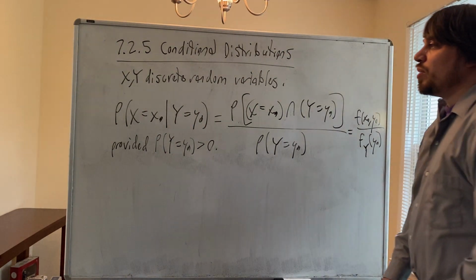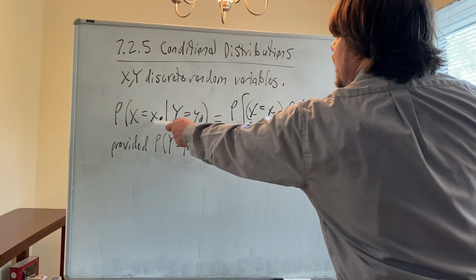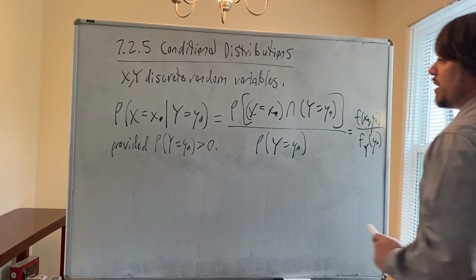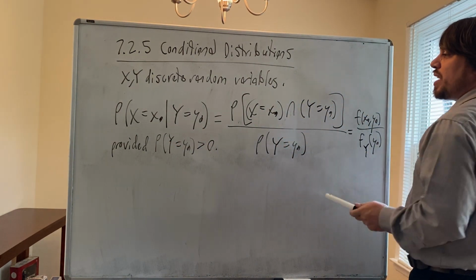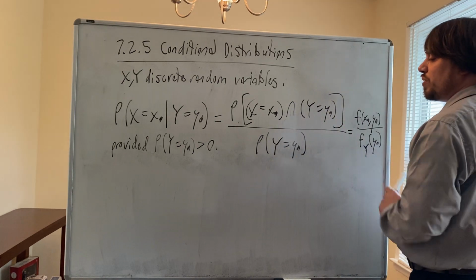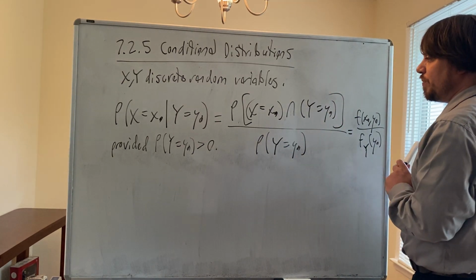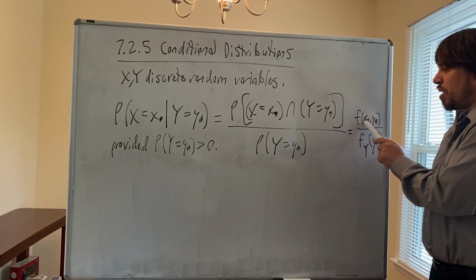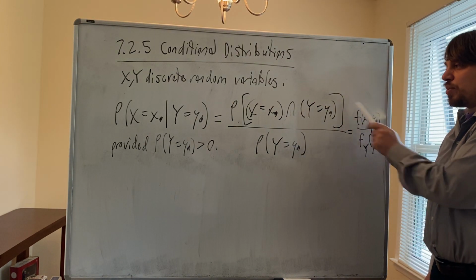So this is the conditional probability that X equals x naught given Y equals y naught. That's the probability that X equals x naught and Y equals y naught divided by the probability Y equals y naught. The probability in the numerator is little f of x naught comma y naught, right? That's the probability that X equals x naught and Y equals y naught.